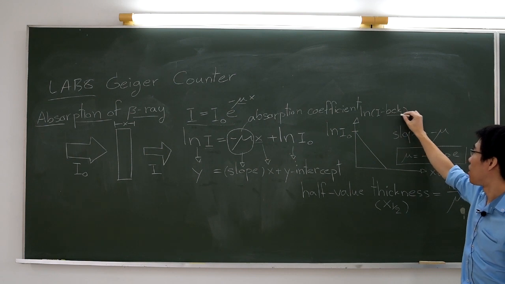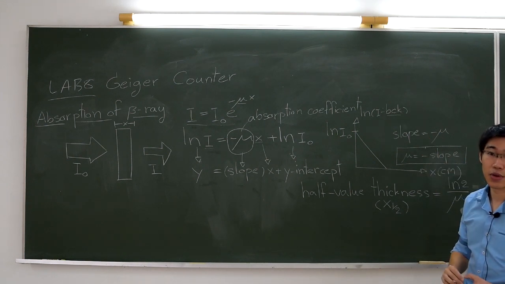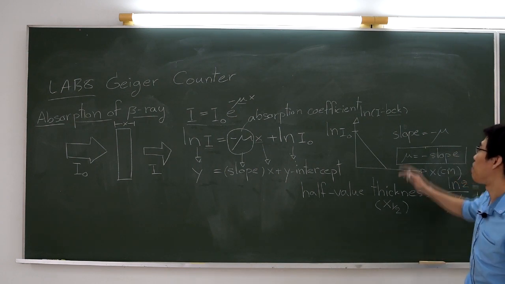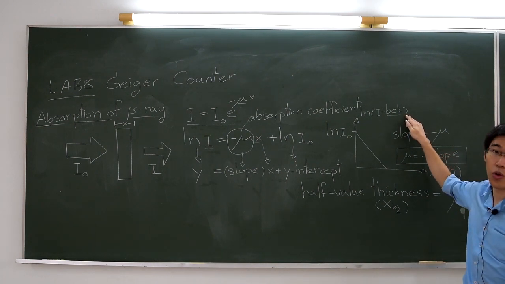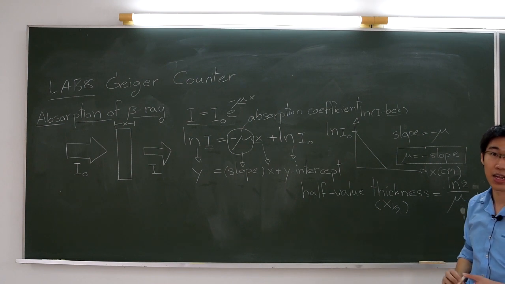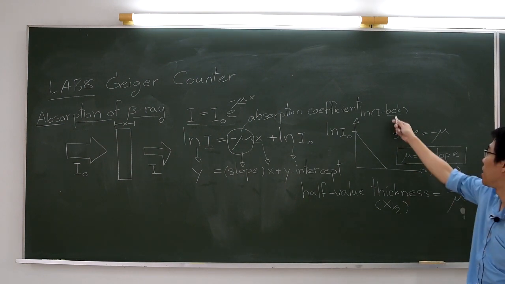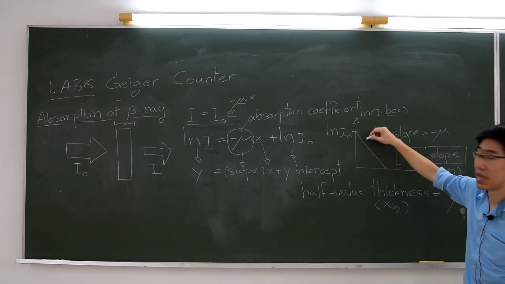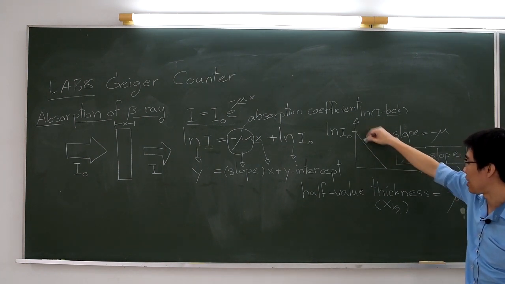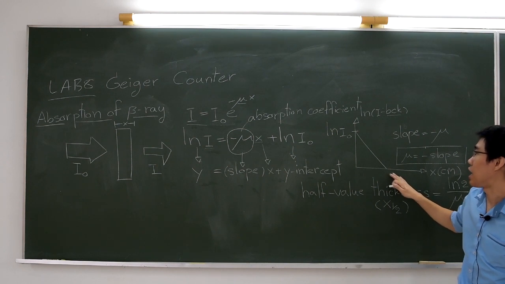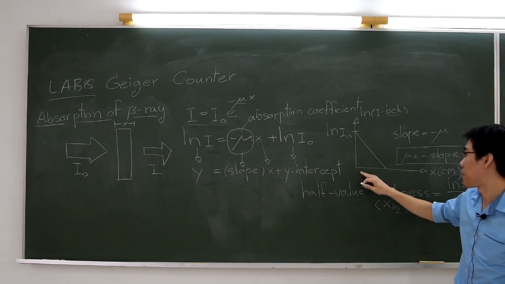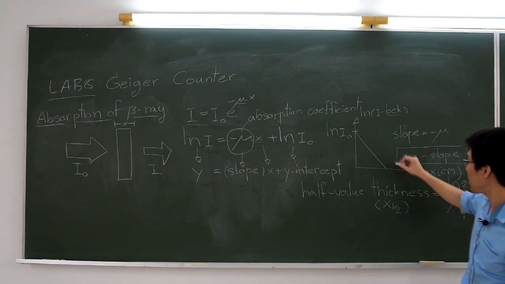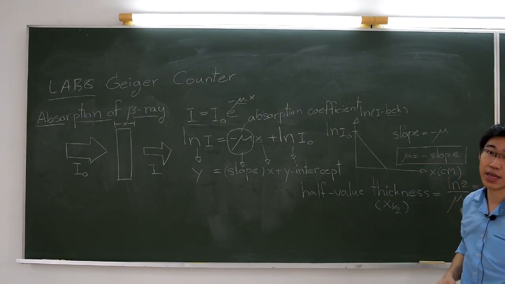We subtract the intensity with the background radiation because we need the result of the radiation from strontium-90 only. When we draw the graph, we can determine the value of log of I0 and the value of I0 from the y-intercept.